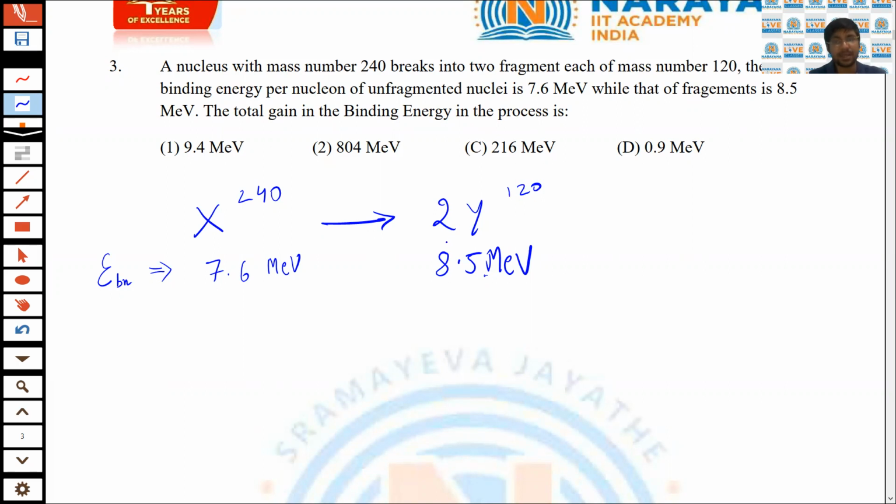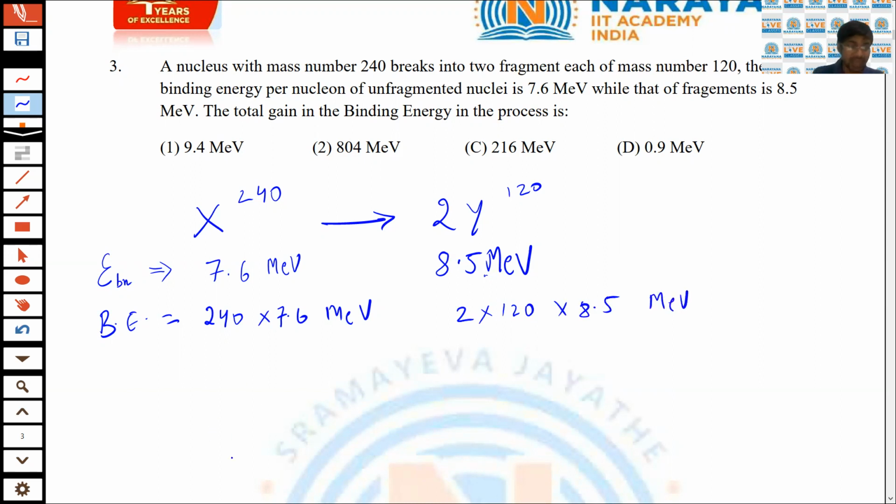Now let us calculate the binding energy. 240 is the mass number and 7.6 is the binding energy per nucleon, so the binding energy of the parent is 240 multiplied by 7.6 million electron volts, and that of the fragments is 2 times 120 times 8.5 million electron volts.